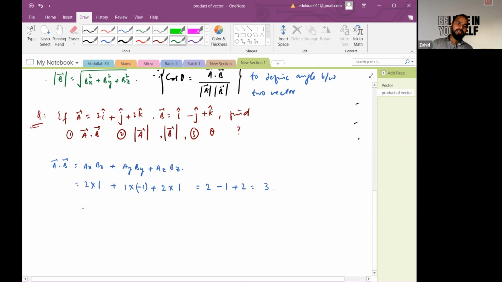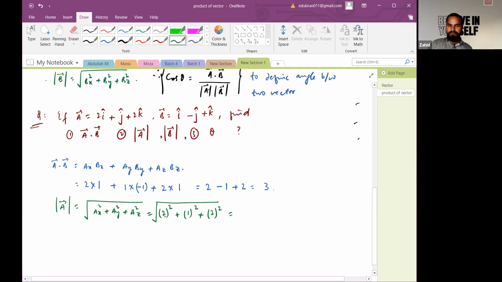Similarly, to get A mod, use the formula root under AX squared plus AY squared plus AZ squared. AX is 2, so it will be square of 2. AY is 1, so it will be square of 1. And AZ is again 2, so it will be square of 2, all under the root.